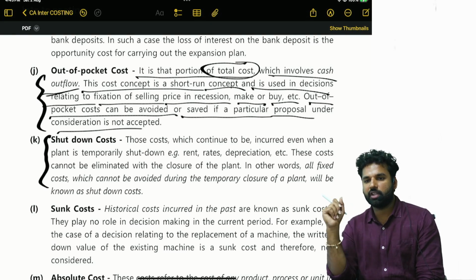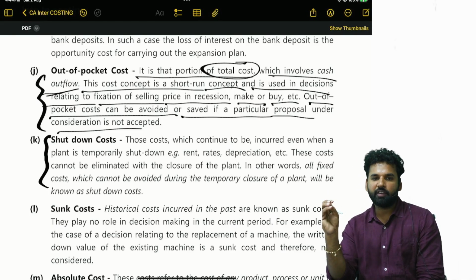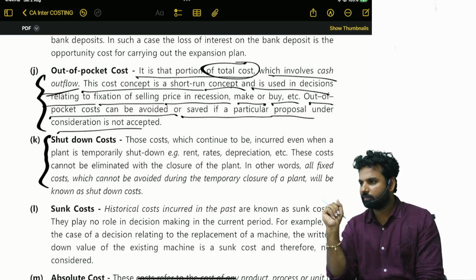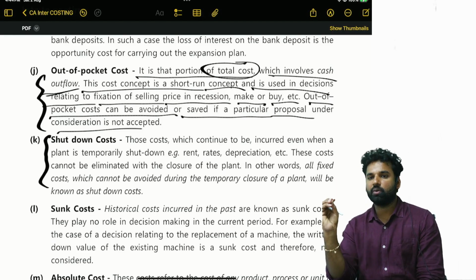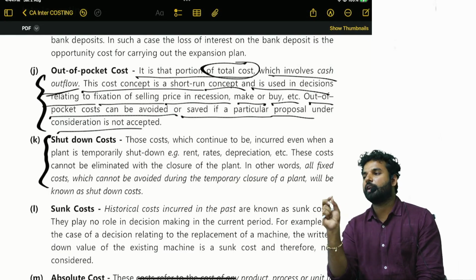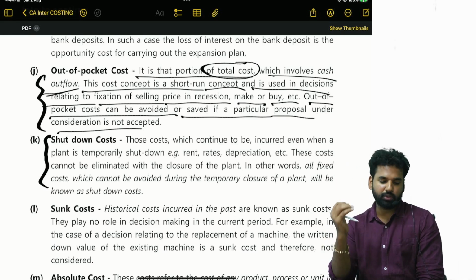Electricity variable cost is not there, but electricity fixed cost is there. Factory rent is there. At least minimum security personnel will be there. Minimum maintenance will be there. So even though the factory is shut down for a temporary period of time, the inevitable costs are called shutdown costs.